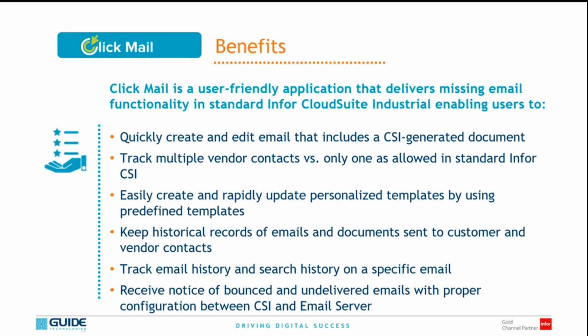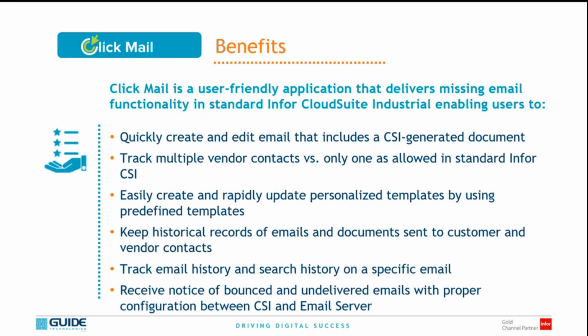Let's review those benefits. So you get to track the contacts, easily and rapidly update and tailor your messages. You've got a historical record to share across your interdepartmental teams. No longer is it locked in to someone's outbox or your email system. And of course, the connection of your CloudSuite and Sightline to your email system, that is all there.